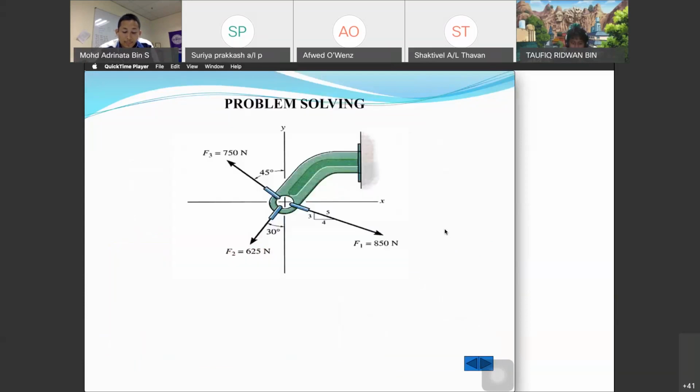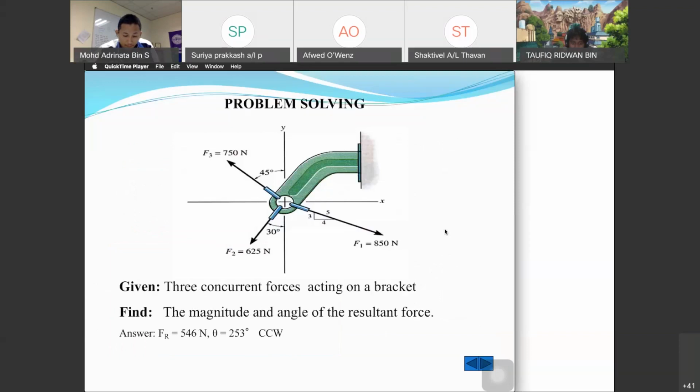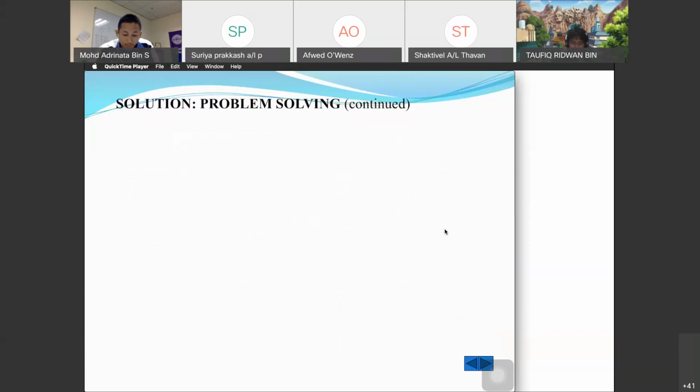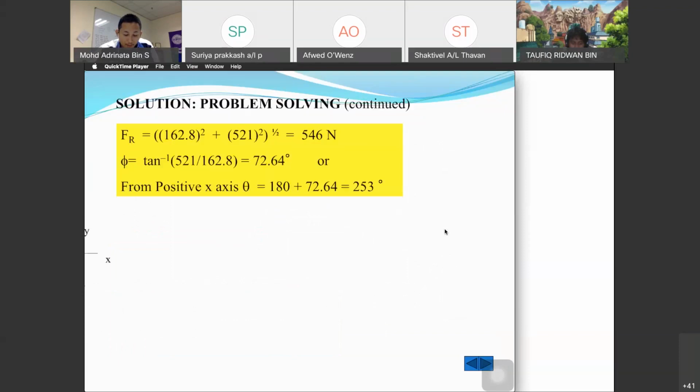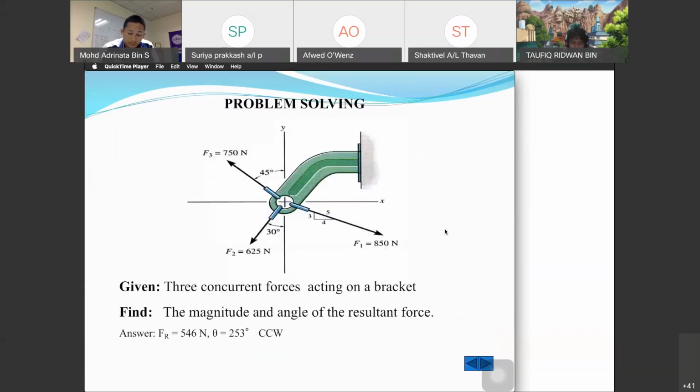And then this one is also the same three forces. The question is given. Same F1, F2, F3, and the answer is given.